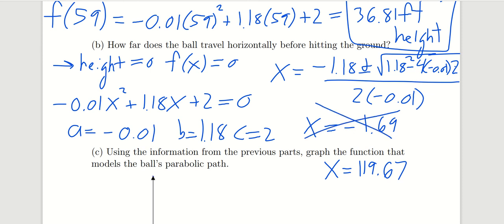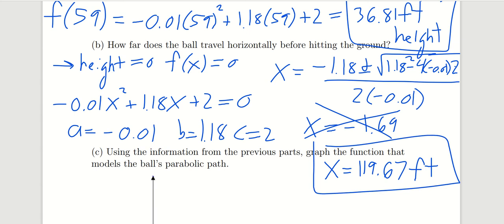The negative solution doesn't make any sense, and so the answer is going to be x equals 119.67. I'm not going to write this one in complete sentence form, but you should write it out as the ball will hit the ground after traveling 119.67 feet horizontally.